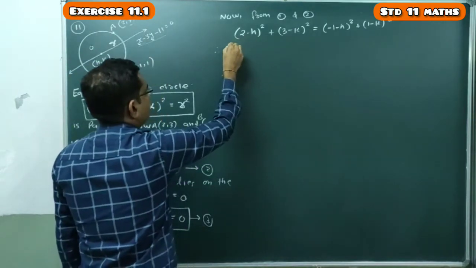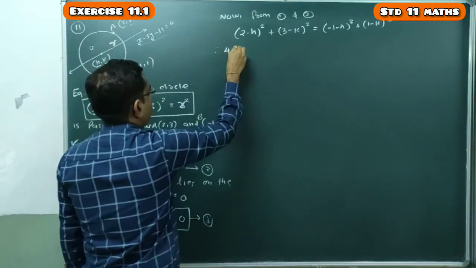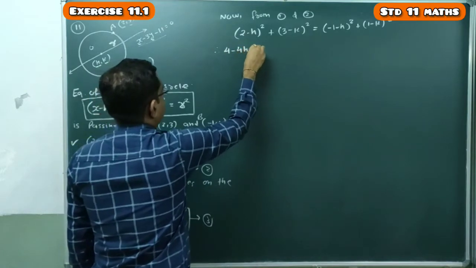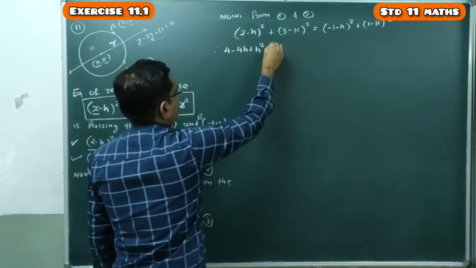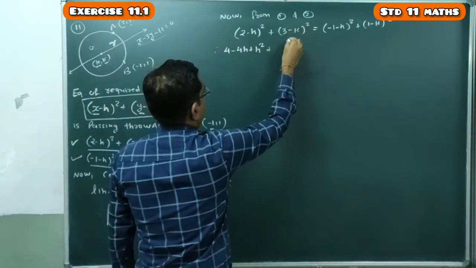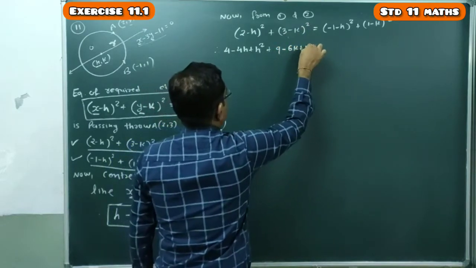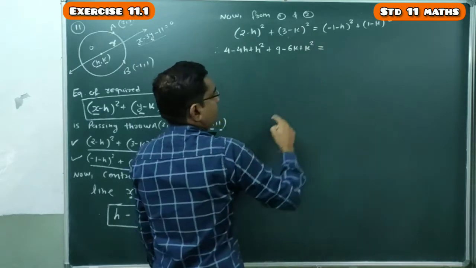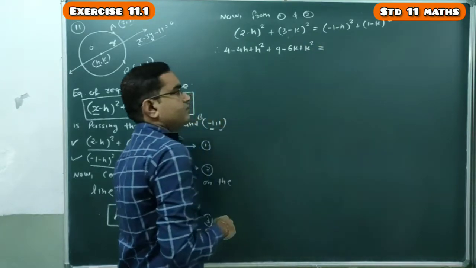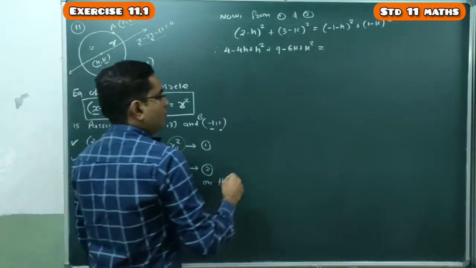So (2 minus h) whole square is 4 minus 4h plus h square, plus this one, (3 minus k) whole square, is 9 minus 6k plus k square, and that is equal to this one, (minus 1 minus h) whole square.